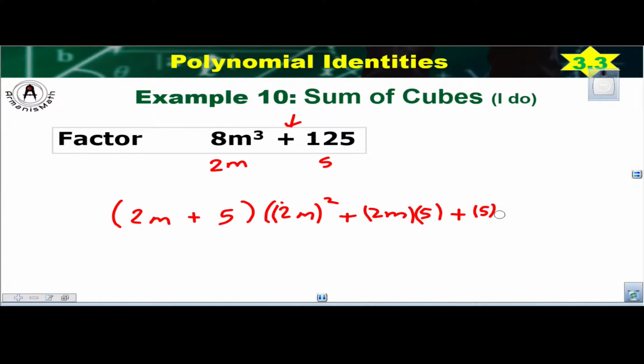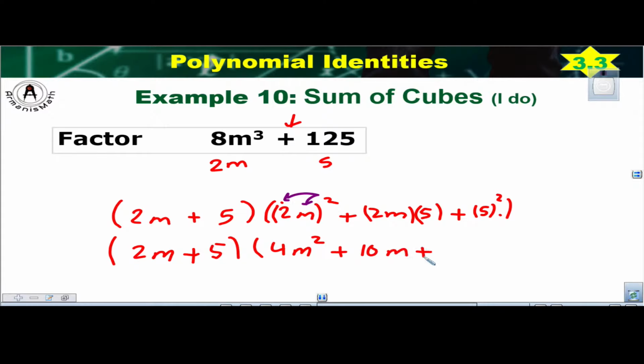All right, and in this case I've got 2m plus 5, and I've got 4m squared, because the 2 affects both of them, by the way. This 2 is affecting here and affecting there. And then I've got 10m plus 25, and I'm done with this problem.